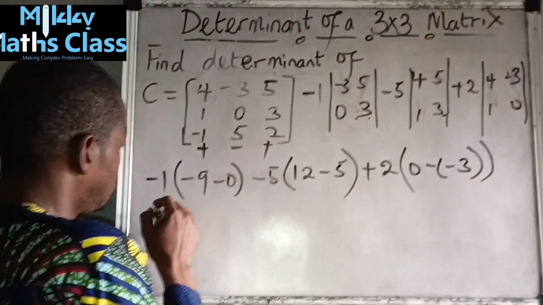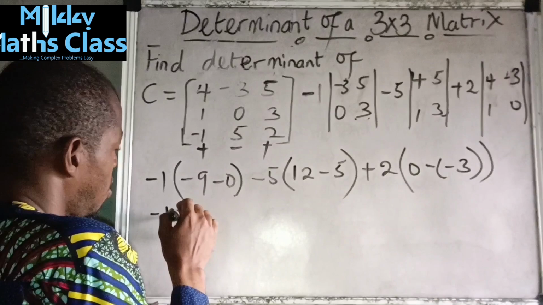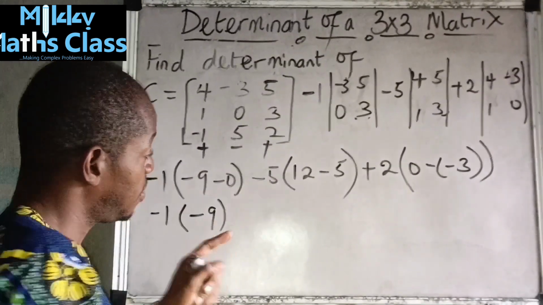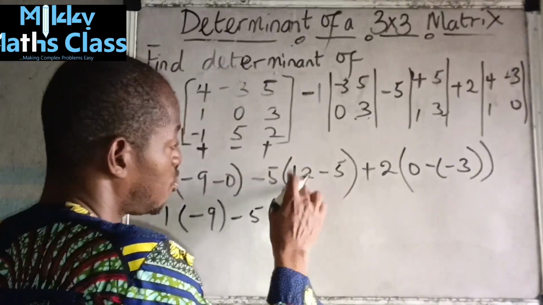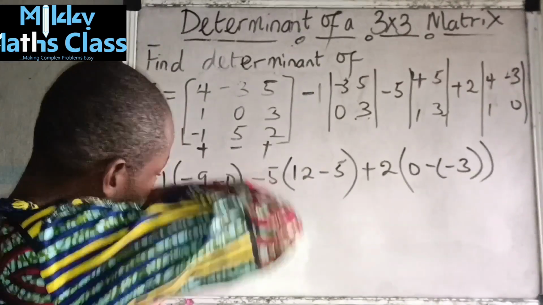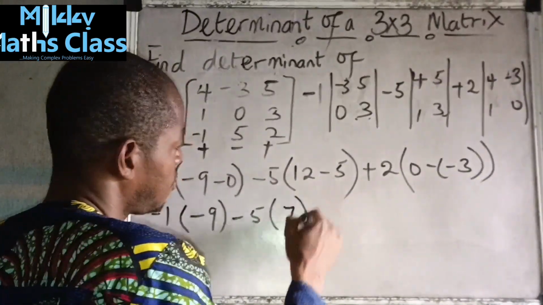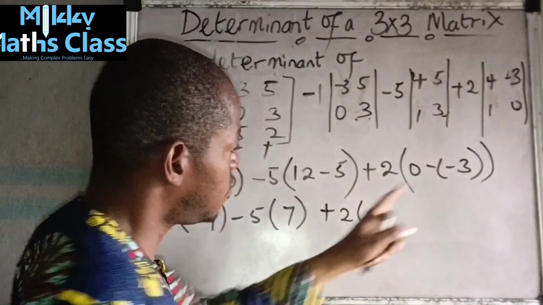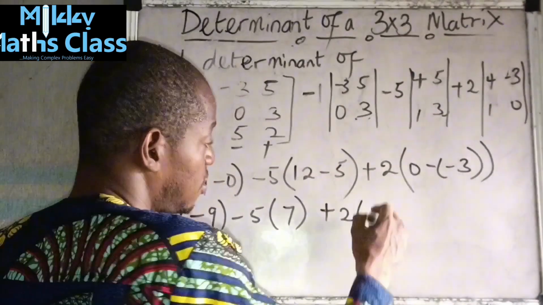So this becomes: negative 9 times 0, minus 0, negative 9. Then minus 5, 12 minus 5 is 7. Then plus 2, 0 minus 3, that's 3.